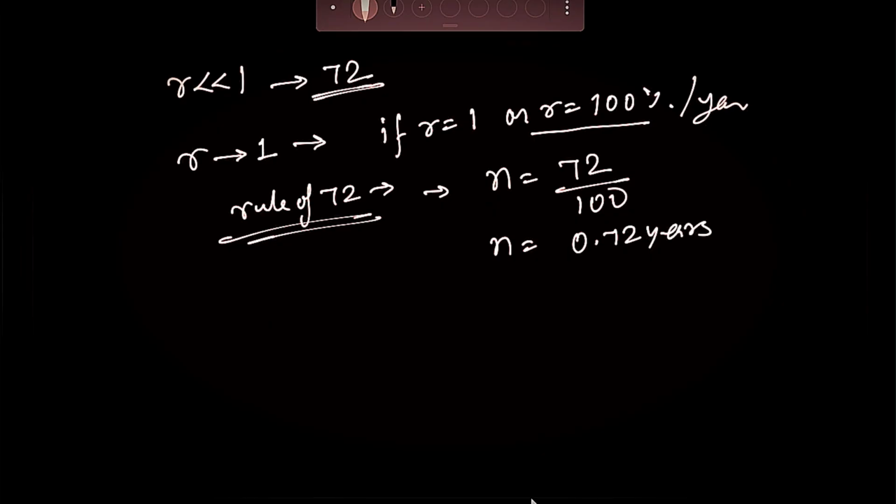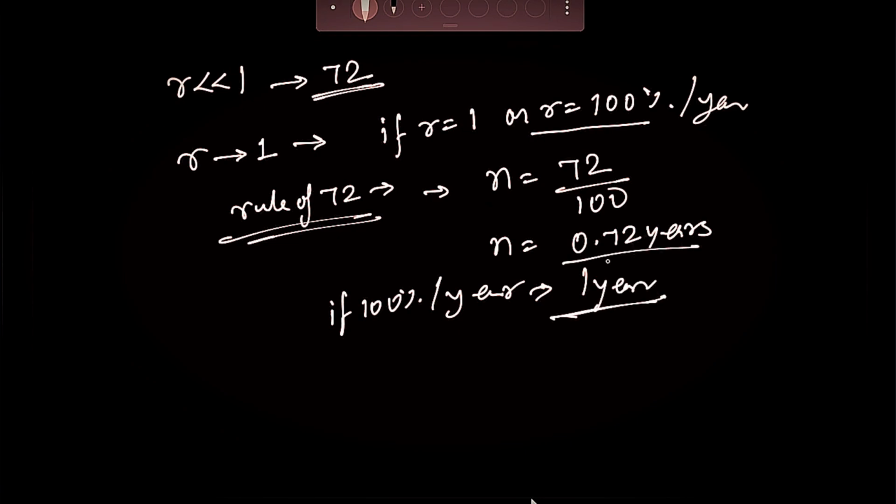But even a kid can calculate that if the rate of return is 100% per year, your money doubles in 1 year. So the correct answer is 1 year, but what you are getting is 0.72 years, which is the wrong answer.